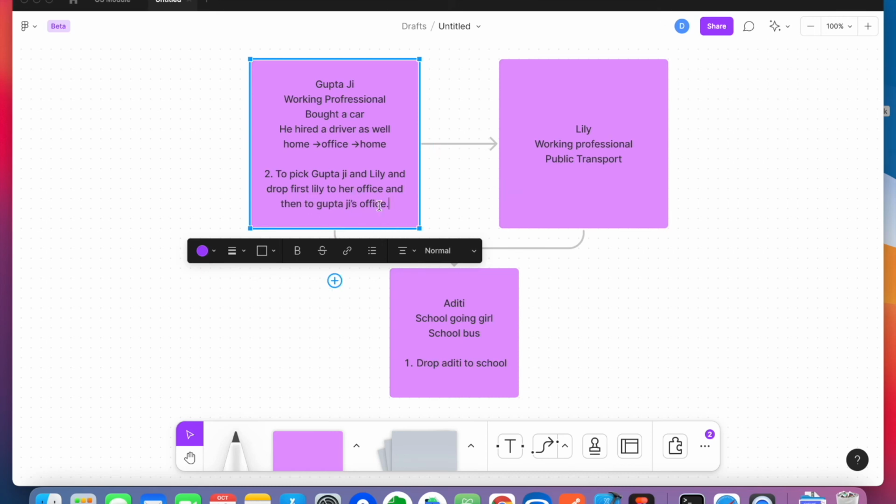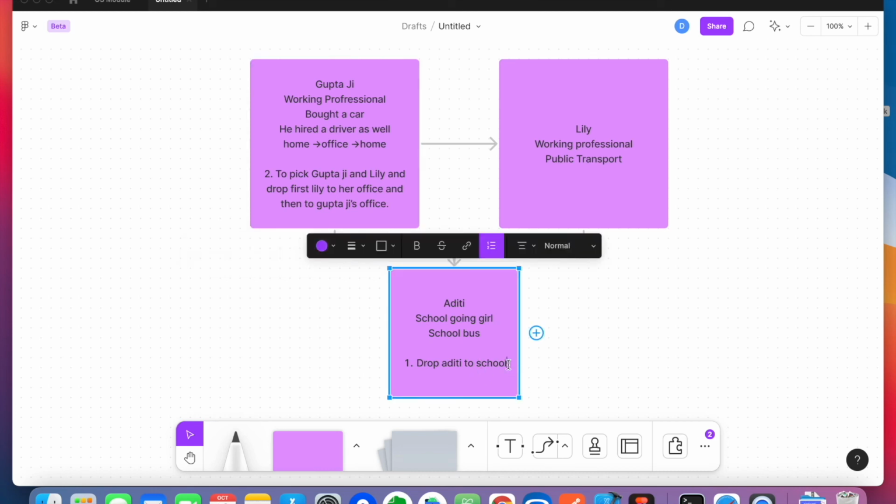After he dropped both Gupta ji and Lily to their respective offices, he used to go to Aditi's school and pick Aditi from school.